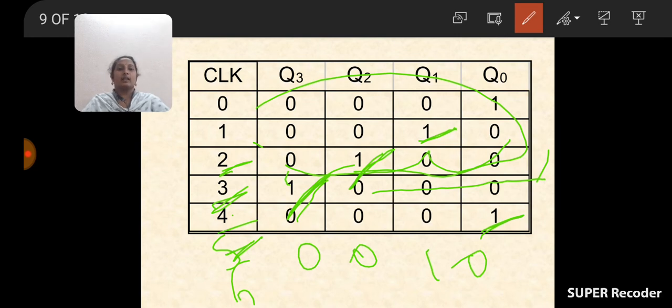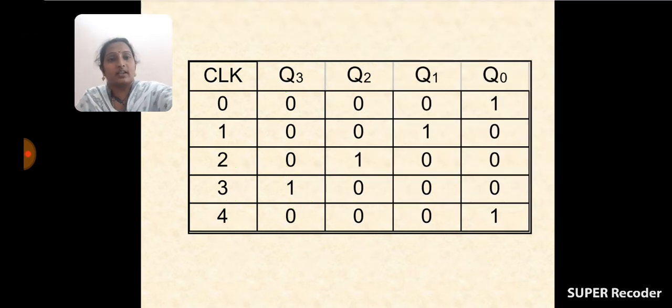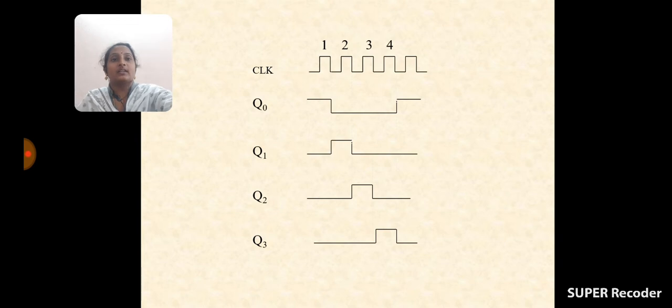Means if we require the same output at regular intervals, then ring counters are used. Okay, and see here, this is the timing diagram.